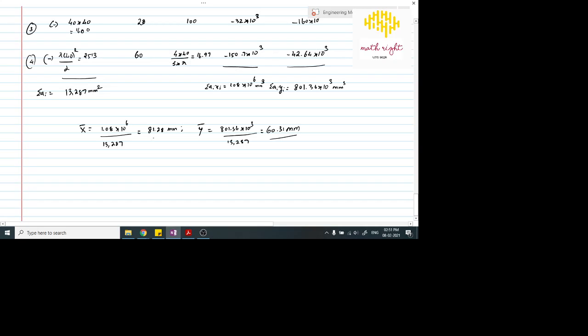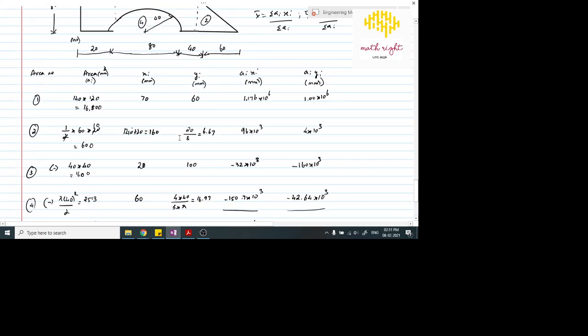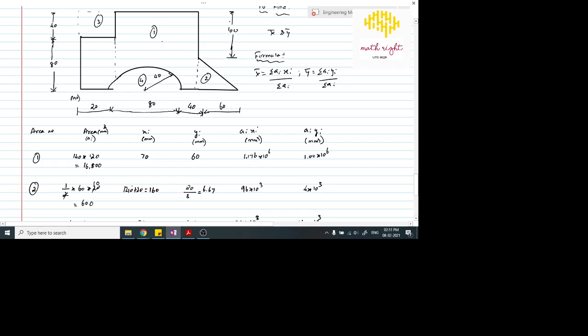This is the point where the center is: x is 81.28 and y is 60.31. At this location, the whole weight of this object is acting. If we have an irregular shape, we want to do the assemblage, that is adding and subtraction, to find the values.